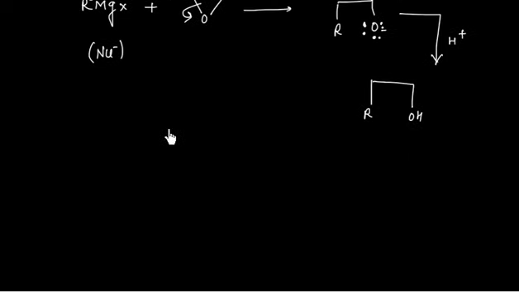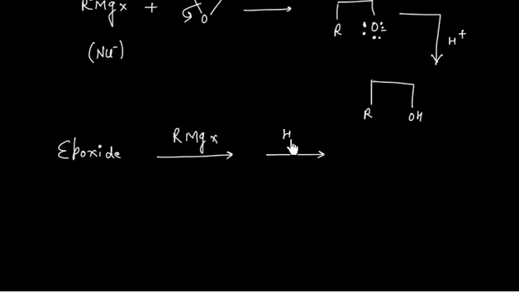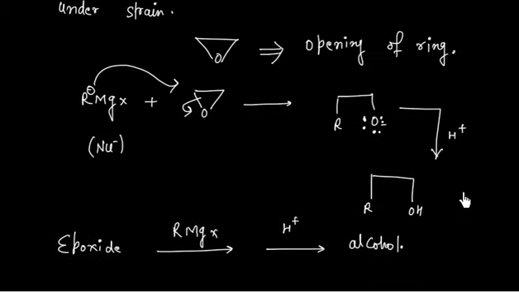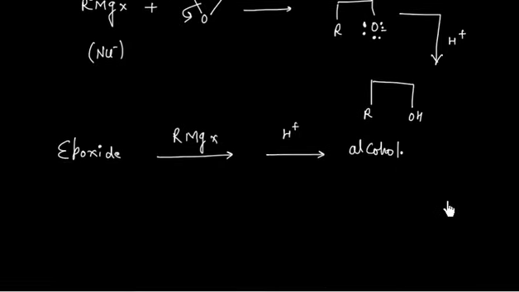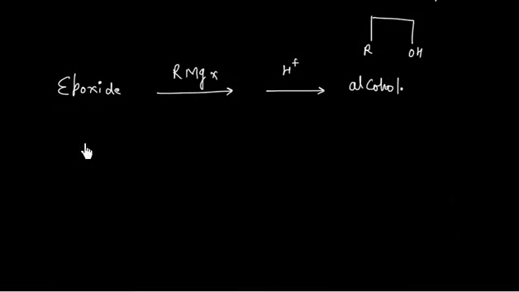So if I have an epoxide, it is reacted with Grignard reagent, and further on acidification, it will give alcohol. In place of Grignard reagent, we can also take methyl lithium or alkyl lithium.